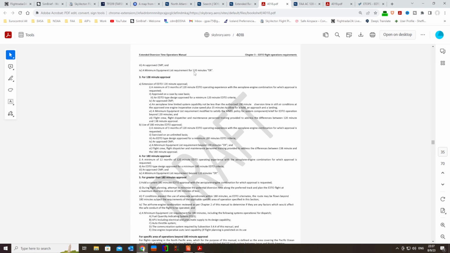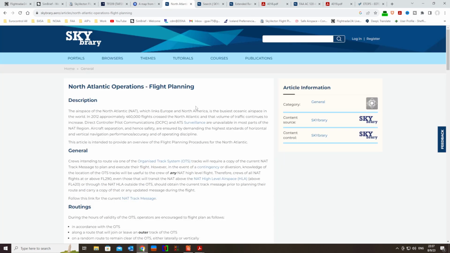What is ETOPS? I'm not gonna go into too much detail. Most of you already use this simming around, and you already know what ETOPS is and how to use it. Most of you guys are using ETOPS 180, using the 787s or 777s or A330s or whatever.